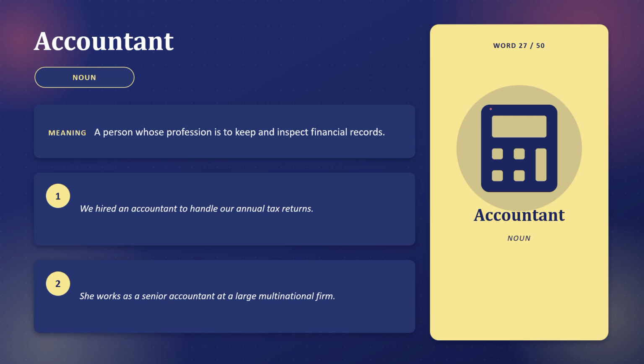Next word, accountant. It is also a noun. It means a person whose profession is to keep and inspect financial records. Remember the keywords. A person whose profession is to keep and inspect financial records is an accountant.